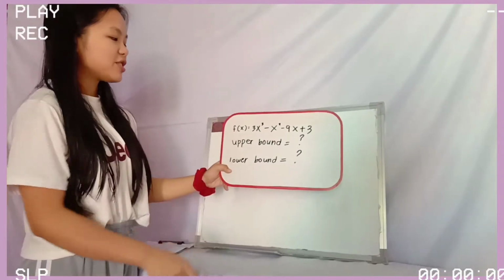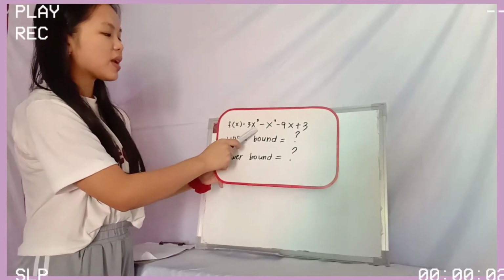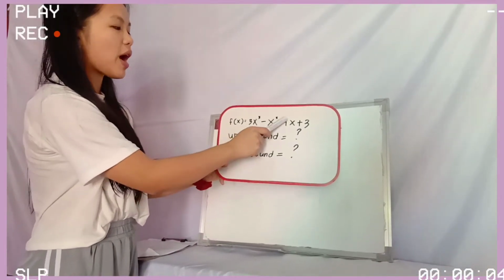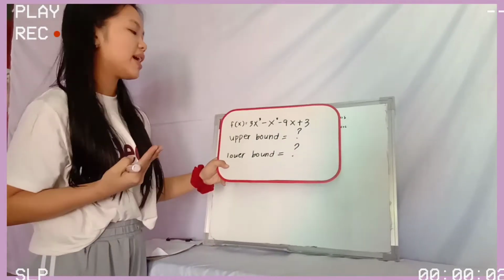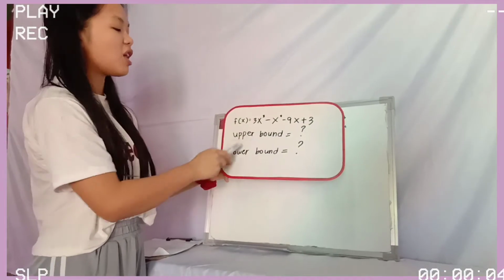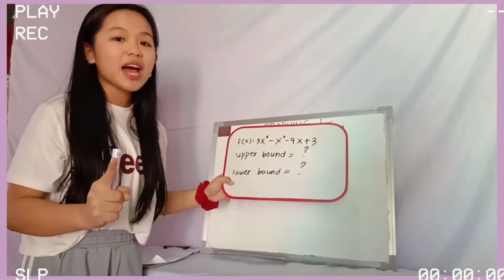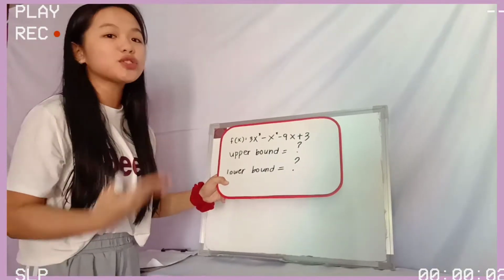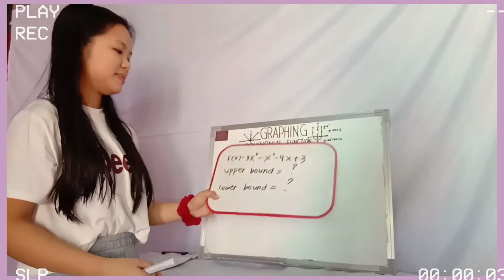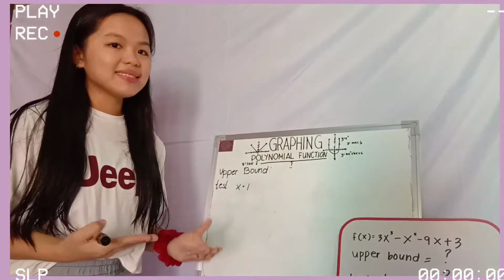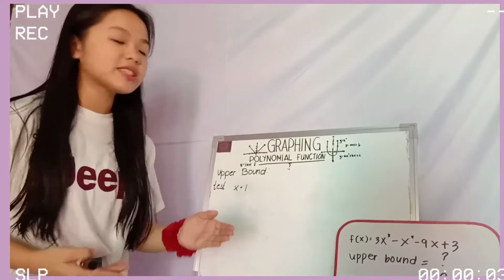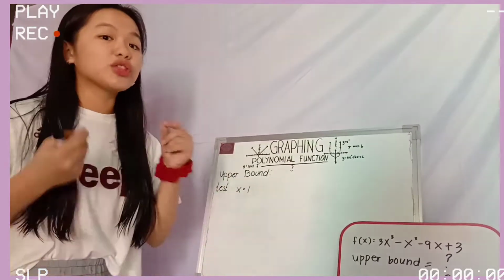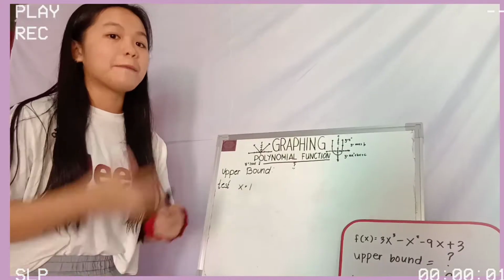We have this function f(x) equals 3x cubed minus x squared minus 9x plus 3. So how can we solve the upper bound and lower bound? Always be mindful of the rules. I will show you how to do it. Let's test all the possible zeros to see if they satisfy the rule of the upper bound, that the third line should be positive.